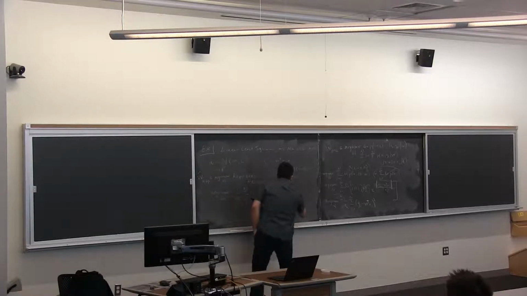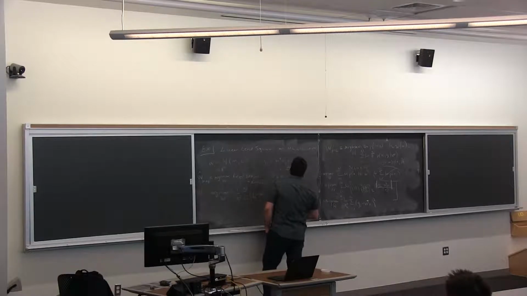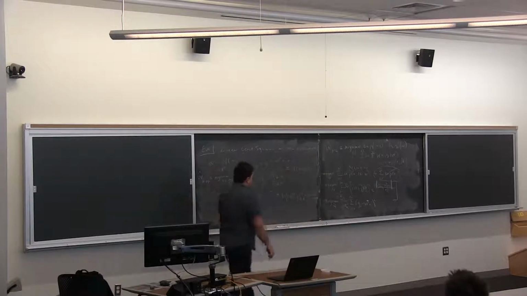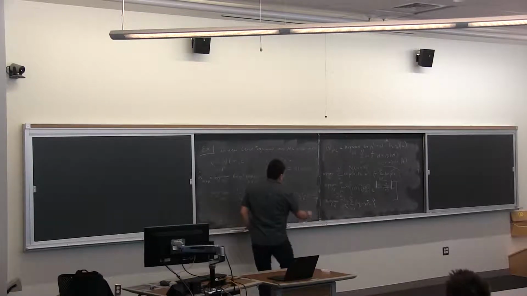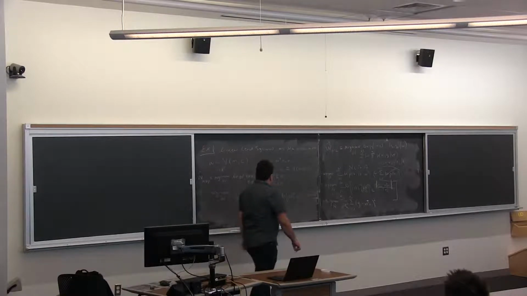So it's a log of something with 2 pi to the n over 2, the determinant of C, e to the power of the usual quadratic.